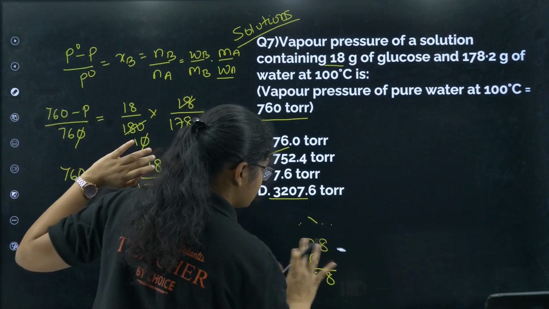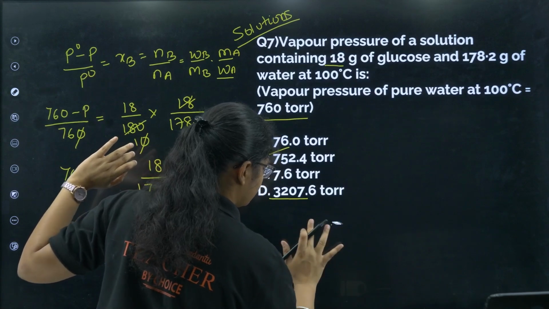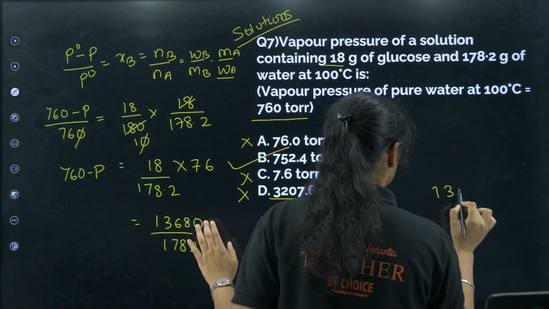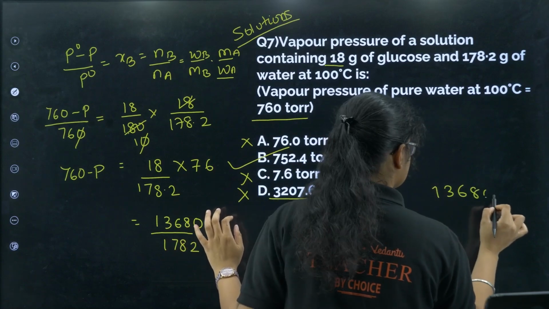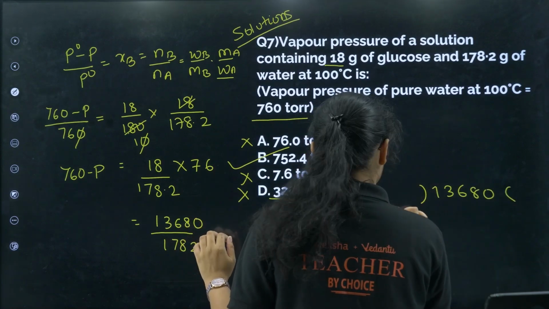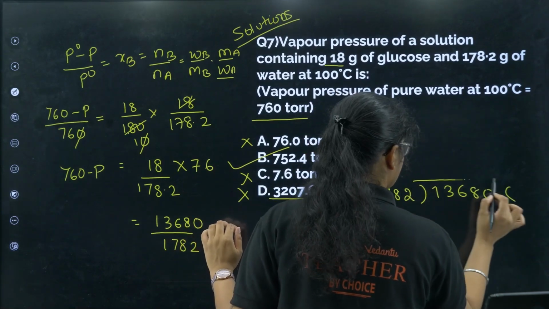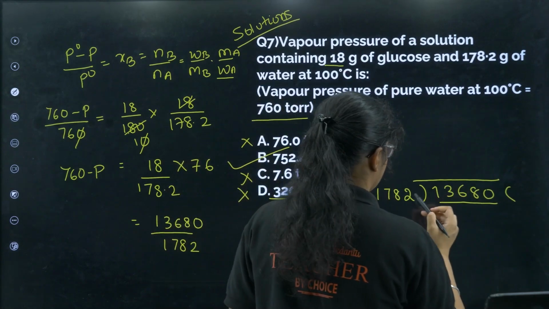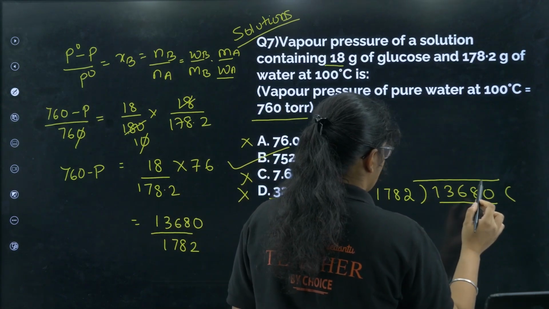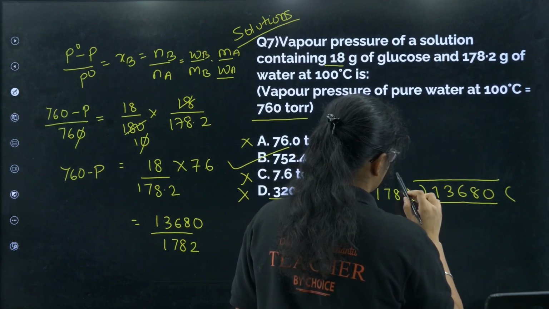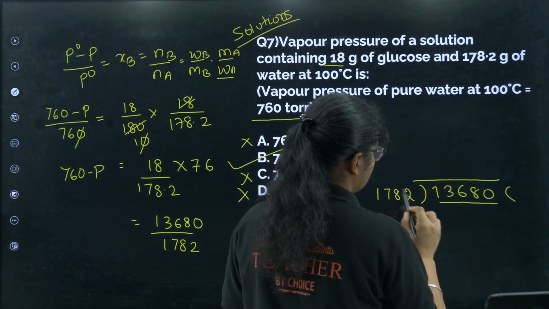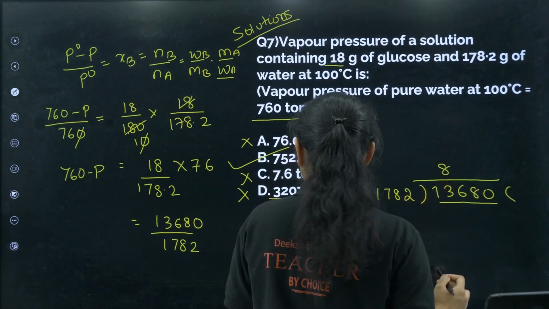There will be some questions where you need to do calculation. So I can just write it as 13680 divided by 1782. Now you can see you have to take all the 5 numbers. So you can try for 9: 9 2s are 18, 9 8s are 72 plus 1 is 73, 9 7s are 63. It will become more.